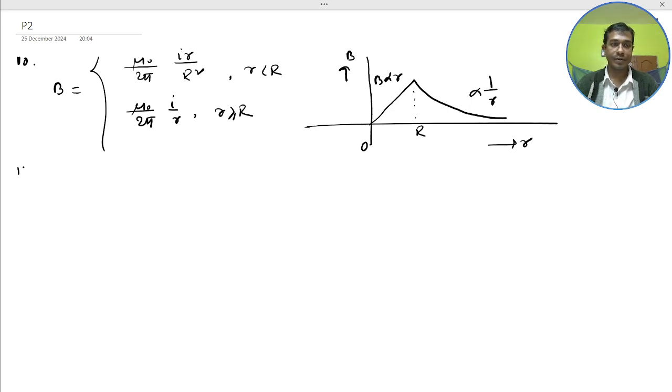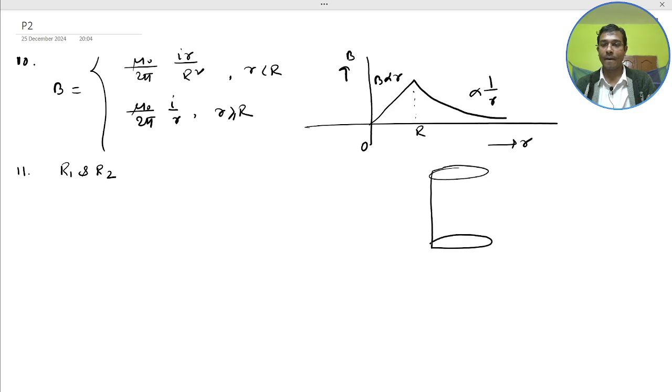Next one is the field due to an infinite cylinder with internal and external radius. Suppose a cylinder with internal radius R1 and external radius R2, this type of cylinder, we have to find the field.